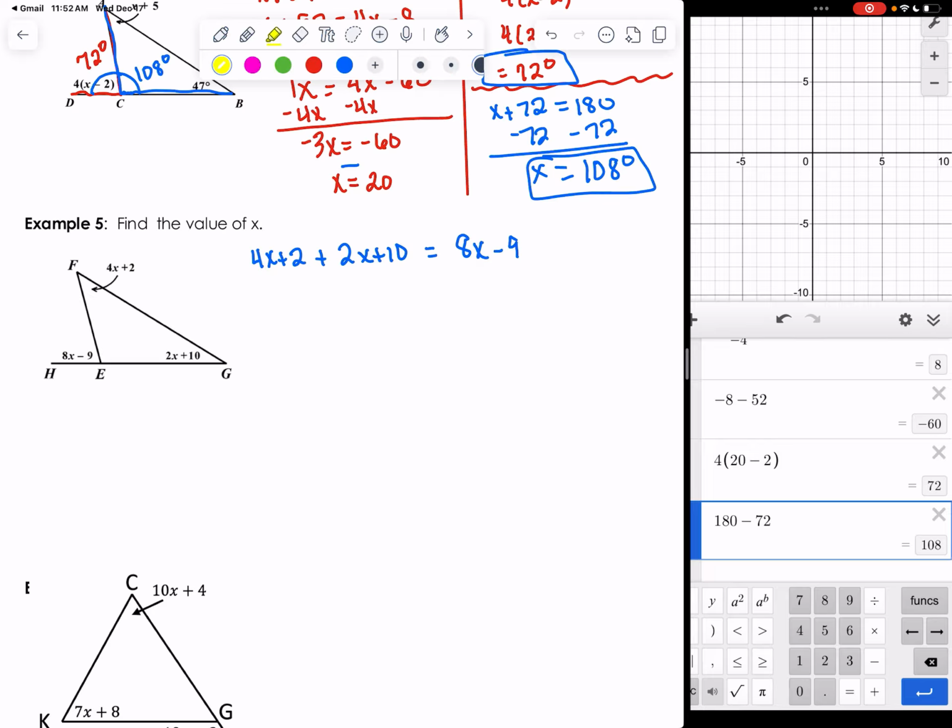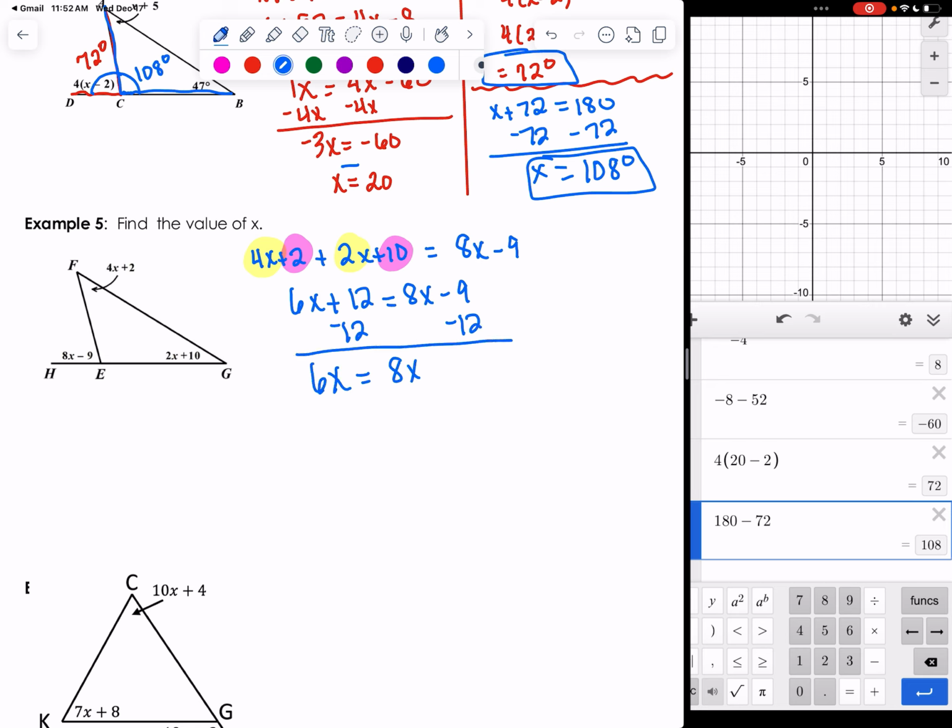Then I hope that you combined your like terms together to get 6x plus 12 equals 8x minus 9. Then subtract 12. So 6x equals 8x. And you put that in a calculator. Negative 9 minus 12. That gives you negative 21. So minus 21.